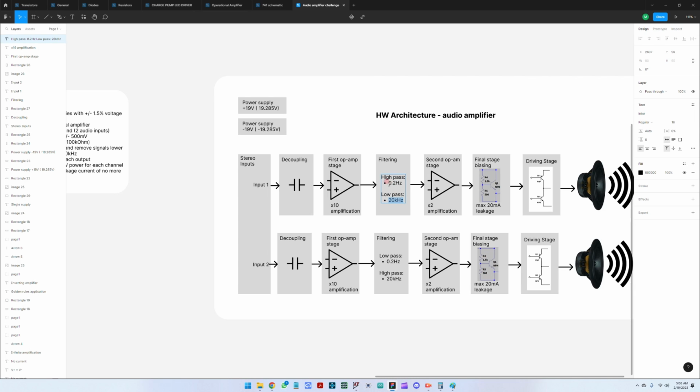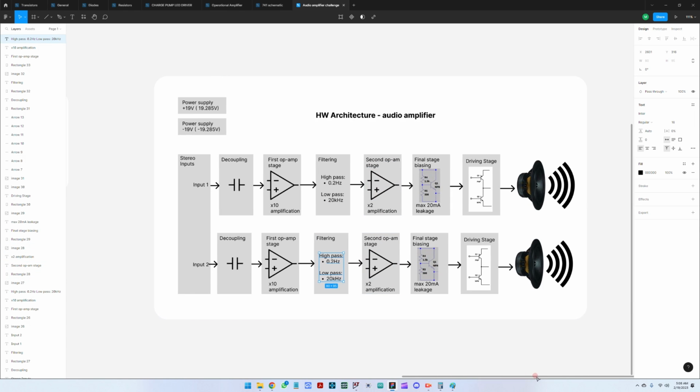So this means that everything above 0.2 Hertz and below 20 kilohertz will go over. Then we go into the second operational amplifier stage, where we have an amplification of 2. So in total, we will amplify the input signal by 20.